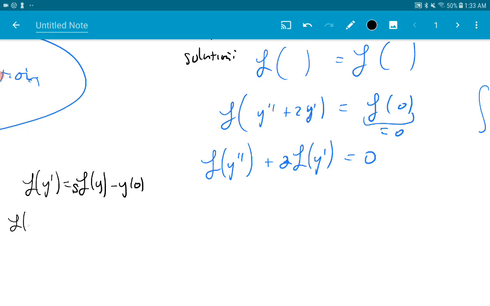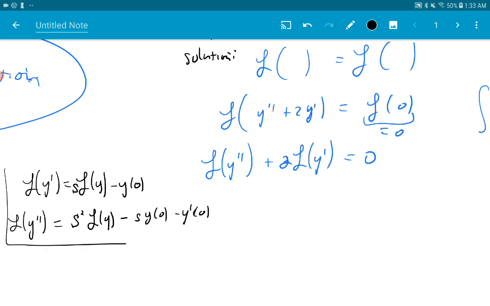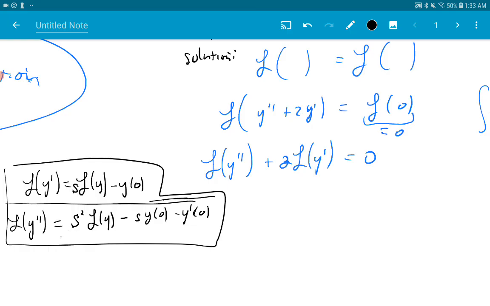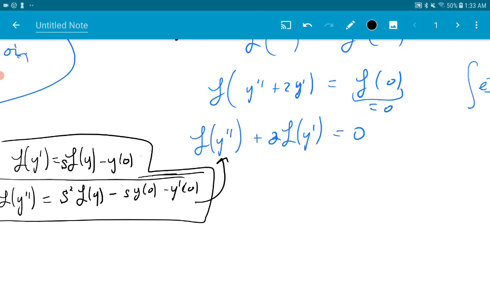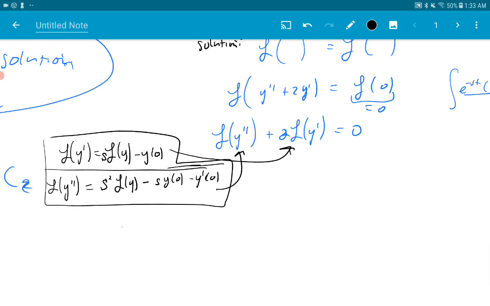And the Laplace transform of y double prime is s squared times the Laplace transform of y minus s times y of 0 minus y prime of 0. Those are the two equations that we need. Since this is second order, we need the second one as well as the first one. This one will replace that one, and this one will replace that one. So we get.